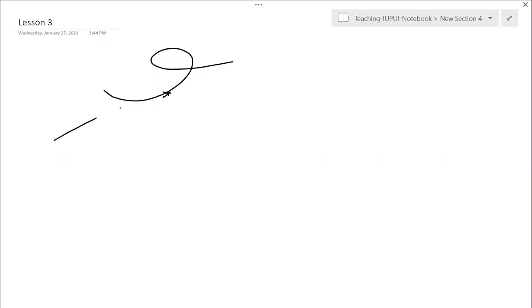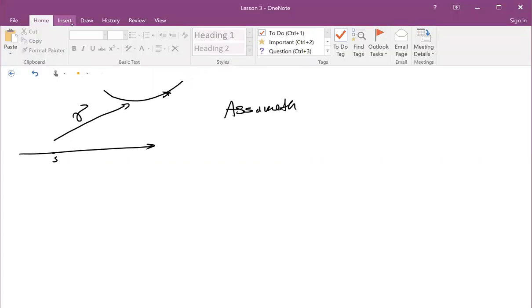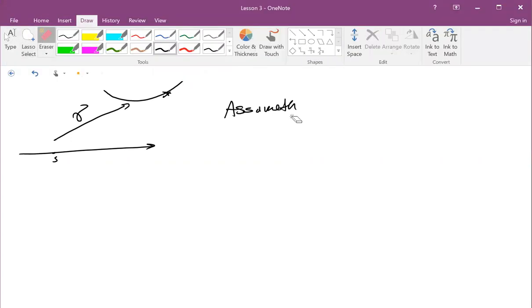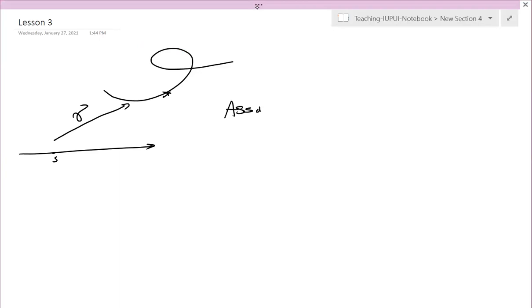We assume this is the gamma, the arc length. So we assume that it has a unit speed.